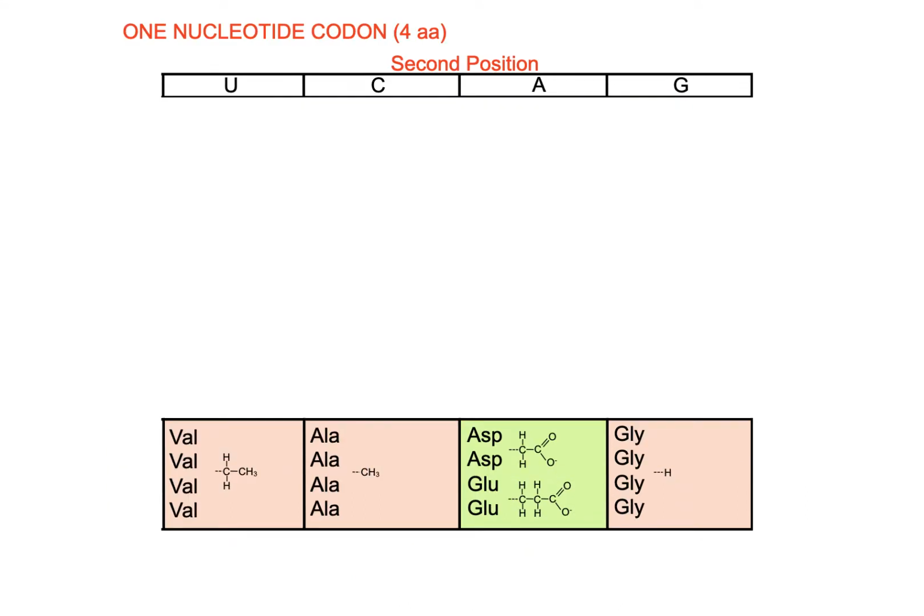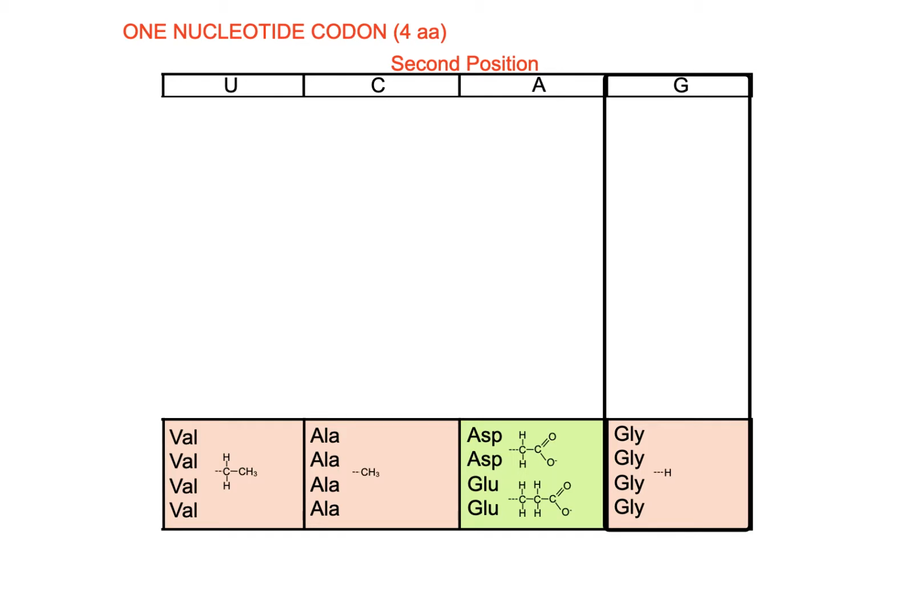So something like this may have represented the initial genetic code, where a U would stand for valine, a C would stand for alanine, an A would stand for either aspartate or glutamate, and a G would stand for glycine.